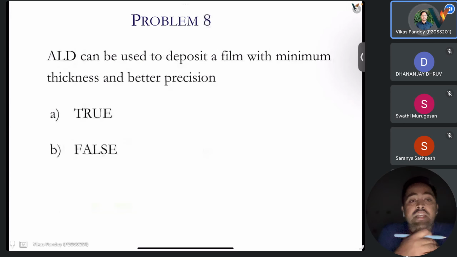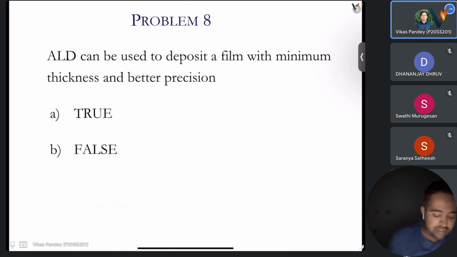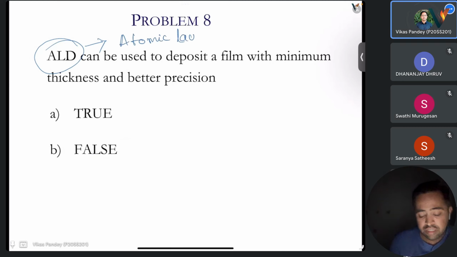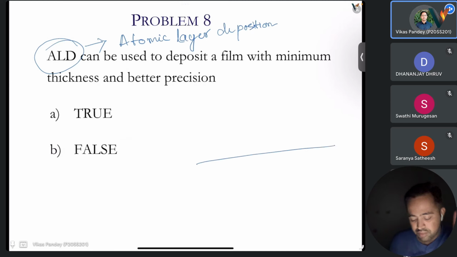Okay. Next is ALD. Can anyone tell me the full form of this? It is atomic level deposition. Atomic layer deposition. So here the precision is of one single atom layer. Like if this is our substrate, here a single layer of atoms at once, then another layer.